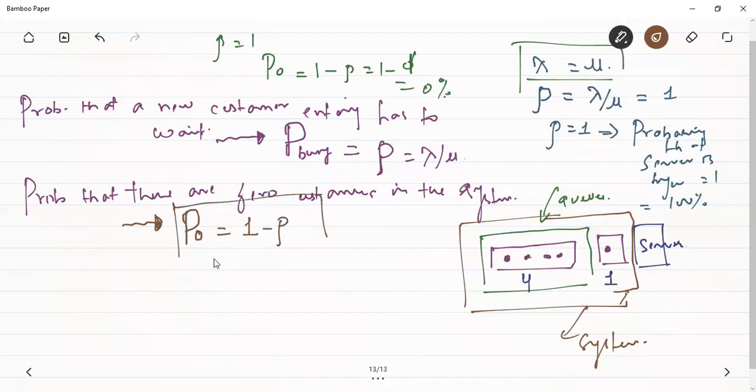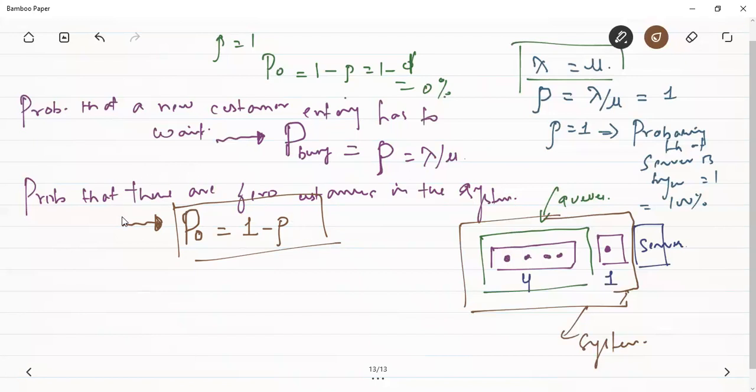Okay, this is another way a question may be asked: probability that there are zero customers in the system means the probability that the server is idle, and that is given by 1 minus rho.